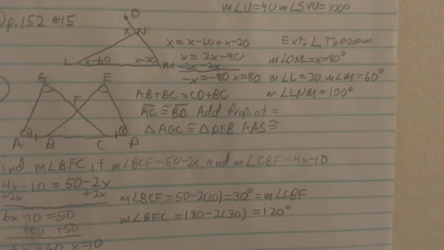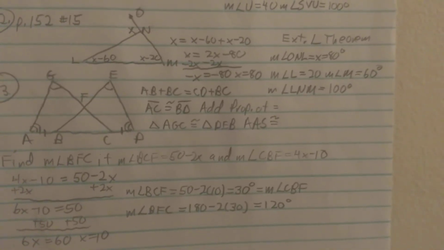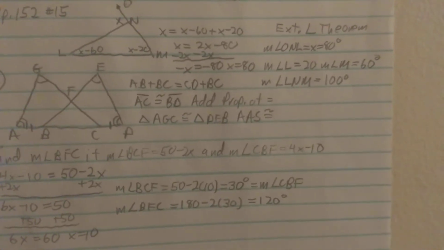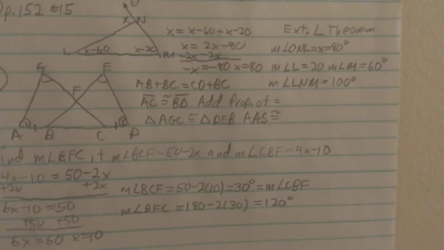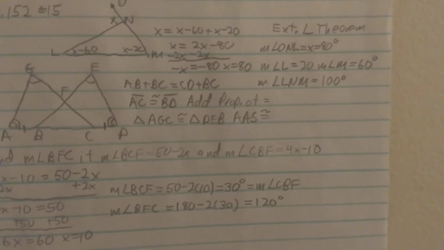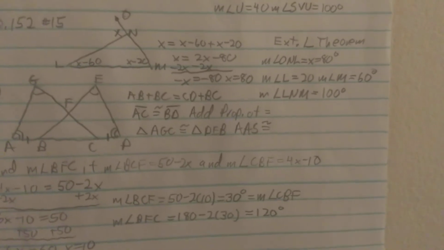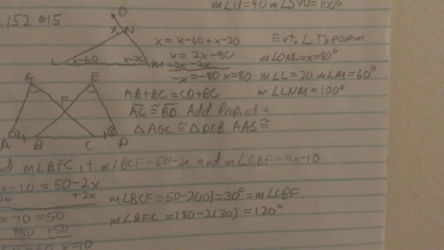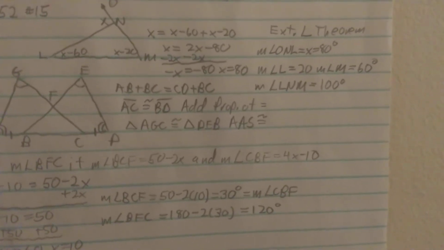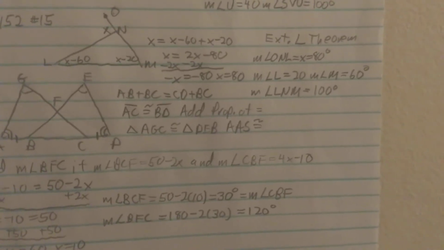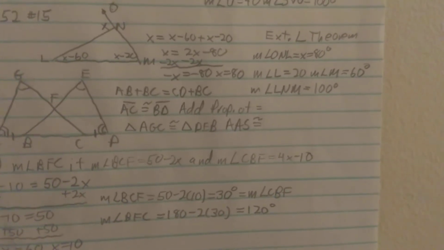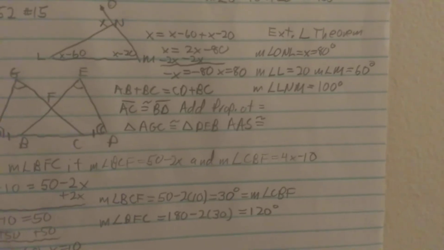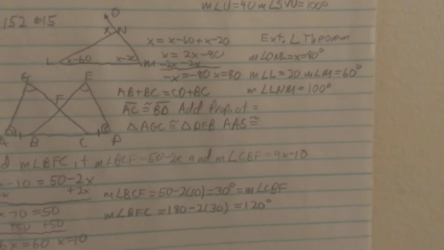And therefore, we have the measure of L, which is x minus 60, which is 20 degrees, and the measure of angle M, which is x minus 20, or 60 degrees, and the measure of LNM, which is the remaining angle inside the triangle, which is 180 minus 80, the x, or 100.